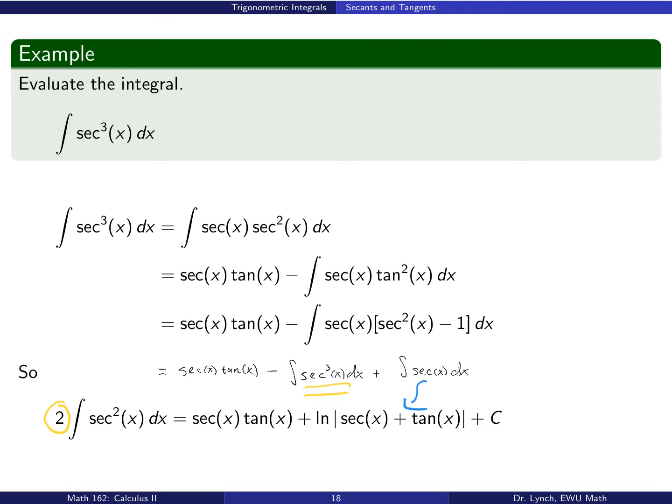Once we do that, it's as quick as dividing through by a factor of 2. We see that the integral can be expressed here as 1/2 times that entire quantity. So here is that integral of secant cubed in all of its glory, 1/2 times the quantity secant x tangent x plus the natural log of secant x plus tangent x. Again, kind of a cool application of integration by parts and the cousin of the mother of all trig identities, that is, tangent squared is secant squared minus 1.